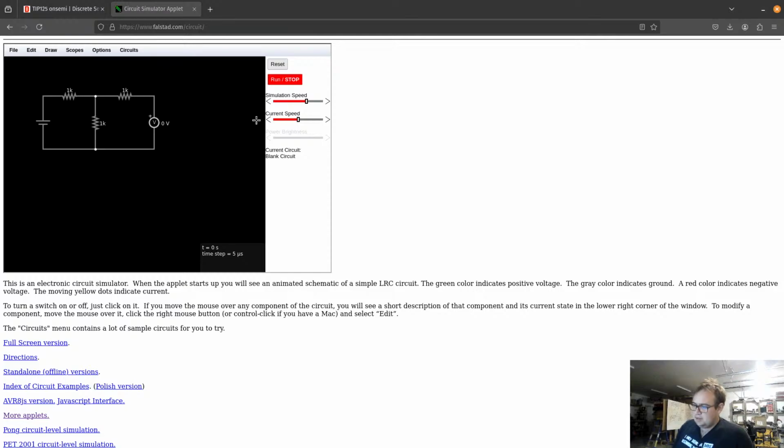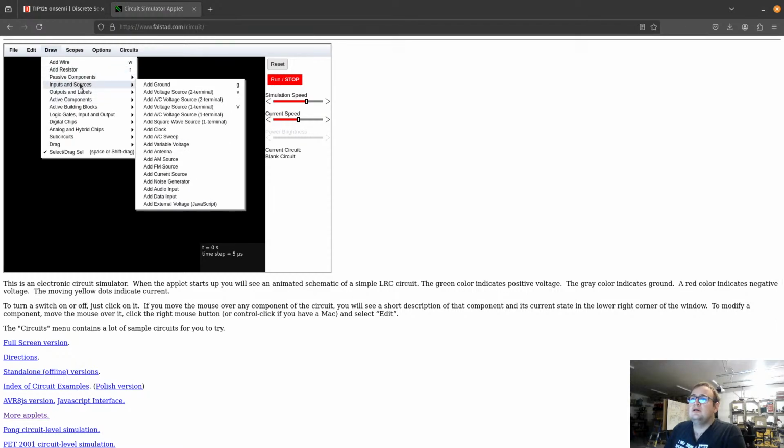Okay. So I am just gonna describe what I think will happen here. All right. This actually isn't a voltage one here. This is a current source. Sorry. Inputs and sources. Voltage source, ground.